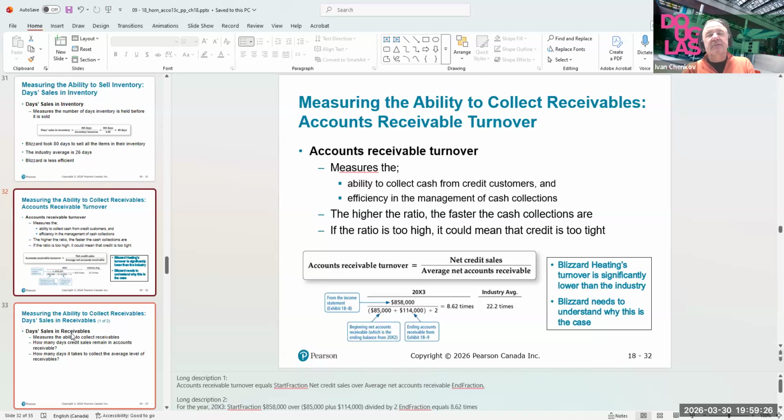And what does it mean if this number is only one? Let's go with simple. If my accounts receivable turnover is one, what does that mean to us? You should use the same logic as with the bread and the inventory turnover.